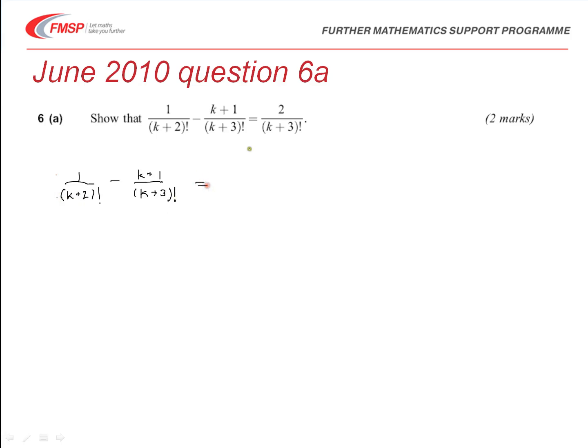So if we do that, we will have k plus 3 over k plus 3 factorial, and of course the second term is already over k plus 3 factorial.